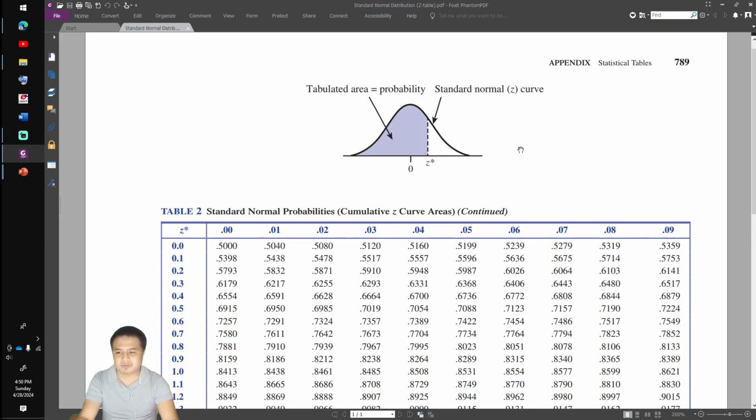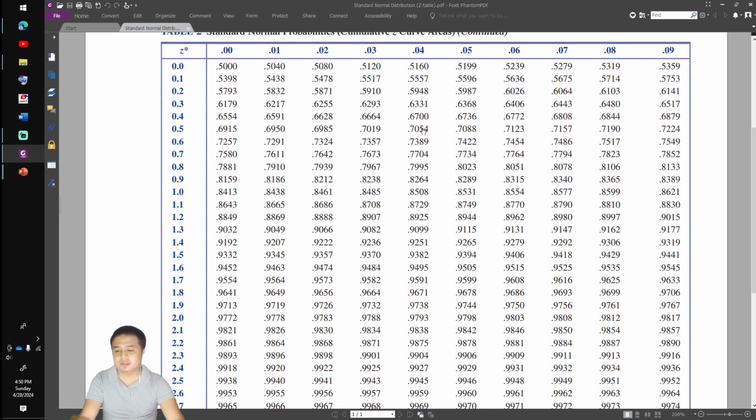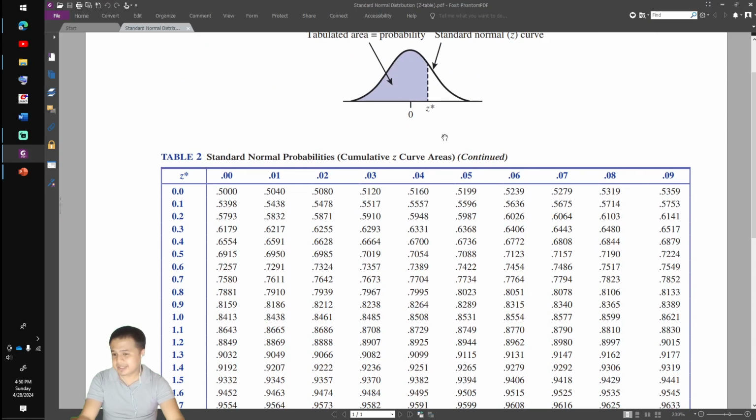But for this example, you can see here that the tabulated area probability is from negative infinity up to this z-score here. So if you're trying to find the probability and you have a given z, the probability or area you will find is this left portion, di ba? So the left portion here will be what you will find.